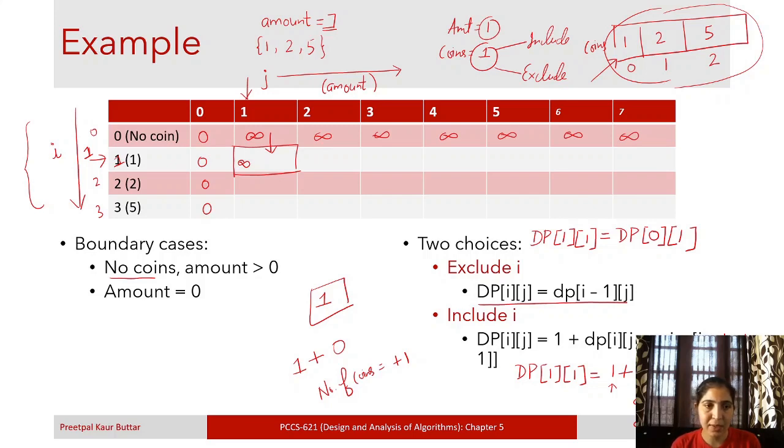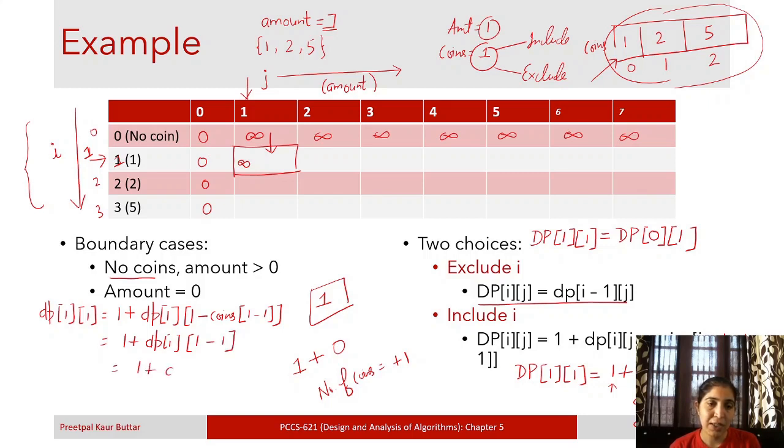So let me write everything at some other location. So dp, 1 rupee coin and amount also equal to 1, is equal to, we take up the 1 rupee coin, so 1 plus dp 1, the amount minus the value of the coin which you are taking. Its value is at location 0, and here we saw that its value is 1.